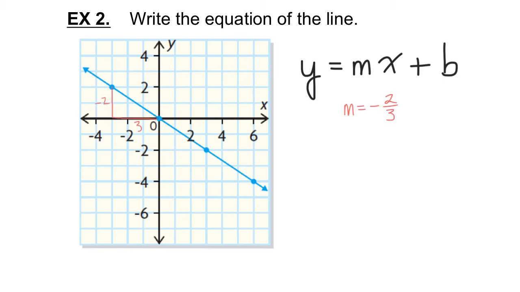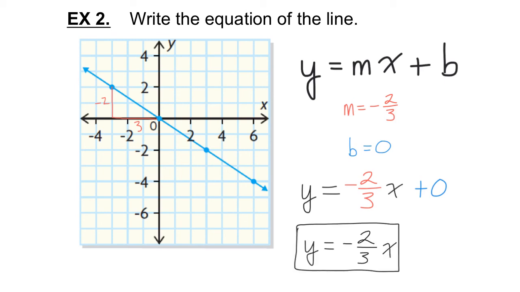So my slope is negative 2 over 3. And what's my y-intercept? Well, that's where it crosses the y-axis. What's the value of y at this point? 0. So b is 0. So my equation is y equals negative 2 over 3x plus 0, but you don't really need to write plus 0 because you're adding nothing. There's nothing there. So the equation is just y equals negative 2 over 3x.